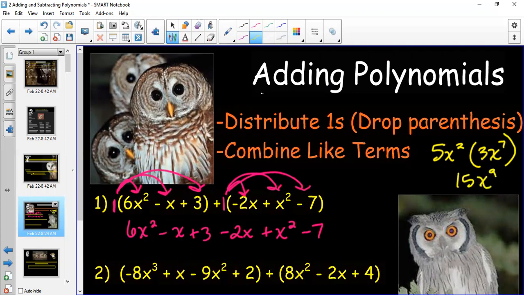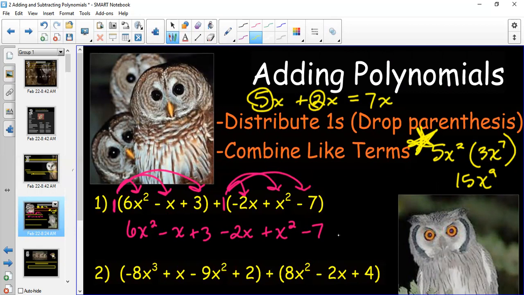When I am adding, for example, 5x plus 2x, I am going to add the coefficients, but I keep the exponent and the variable the same. Everybody wants to add exponents, but I only add exponents on problems when it's a multiplication problem. So don't do that step. That's a very common mistake here.